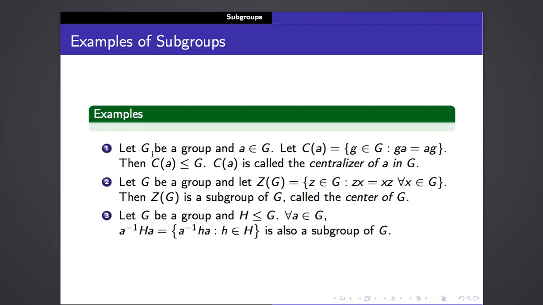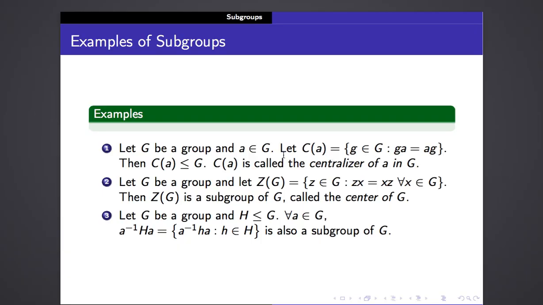More examples. So let G be a group and A be an element of G. Here, C of A, we are defining to be the set of all elements g in the group G such that g times a equals a times g.